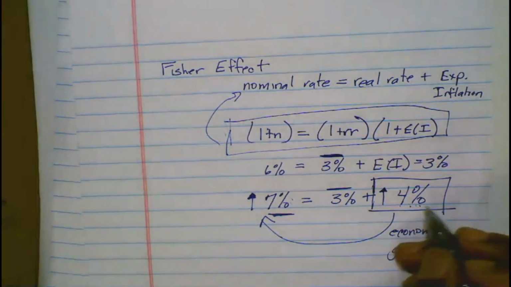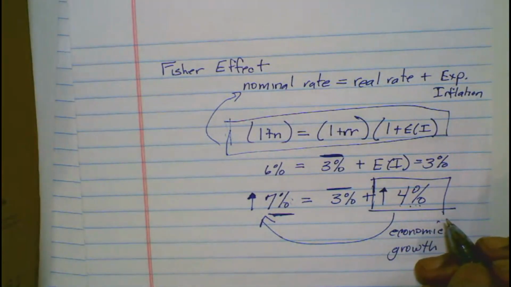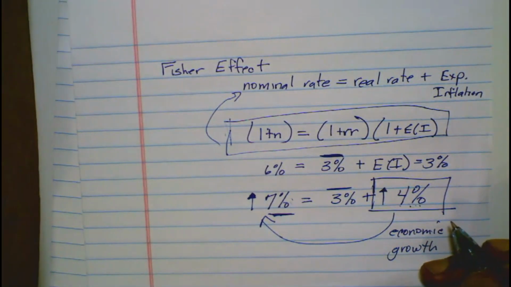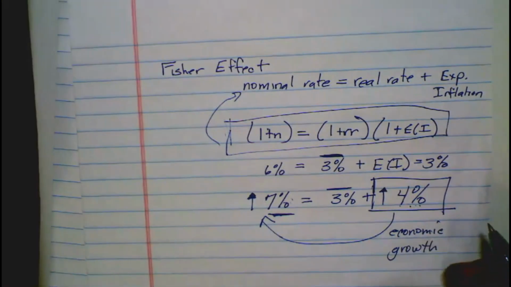I think it was in this class I showed the savings rate after 2007, the financial crisis. The savings rate in aggregate has actually increased. That's great from the standpoint of people deleveraging.